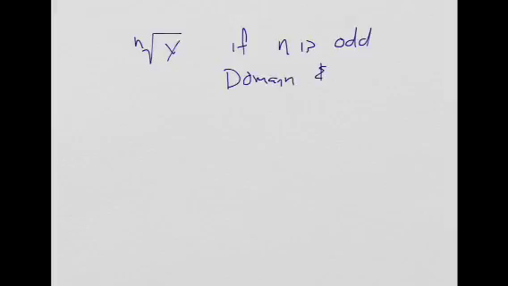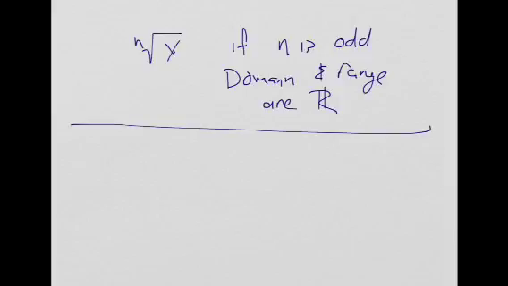If I have the nth root of x, if n is odd, domain and range are real numbers. So if I have an odd root, I don't have to worry about what kind of answers I'm going to get out of it. I can plug in any numbers, I can get out any numbers.